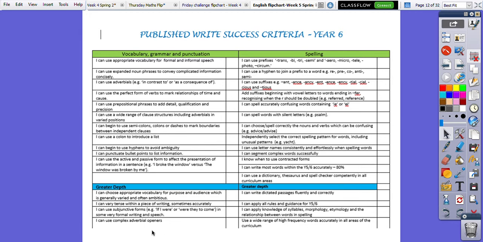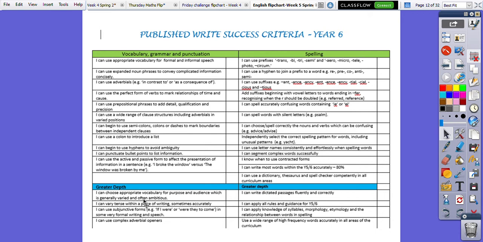You might want to use things like varied tense in this piece, so you could flick between different tenses. You also need to use really high-level, ambitious vocabulary for the correct purpose and audience. So you wouldn't use really formal language here because it's a narrative, but you also wouldn't use really informal language.